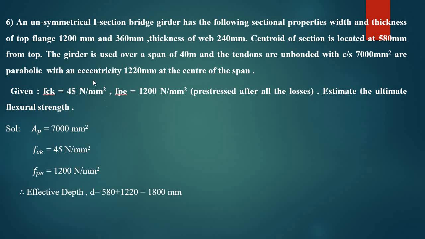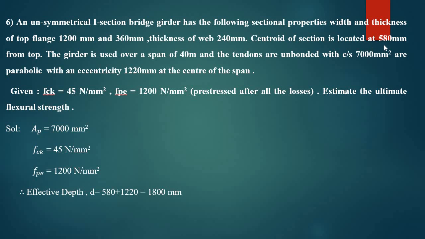Here in the question they have given it as an I section, but it is an unsymmetrical I section. Top width of the flanges 1200 mm, thickness of the flanges 360 mm. Thickness of the web is 240 mm.